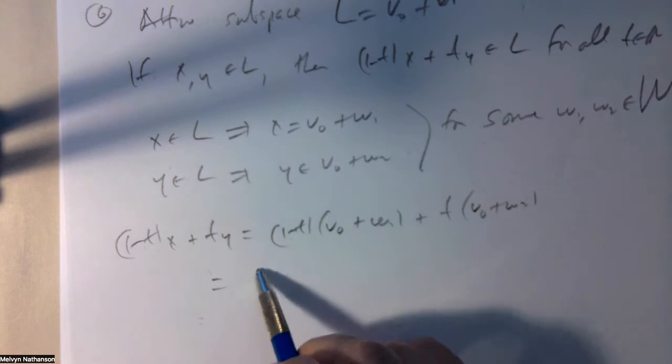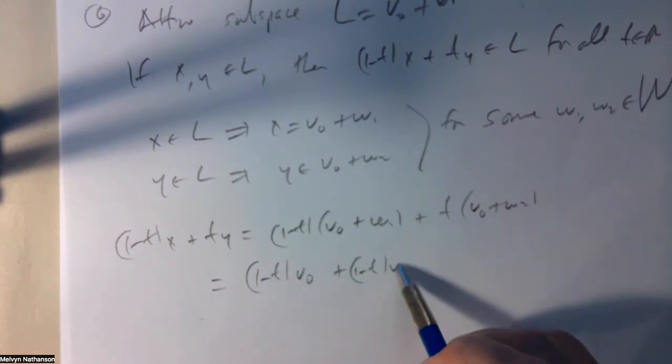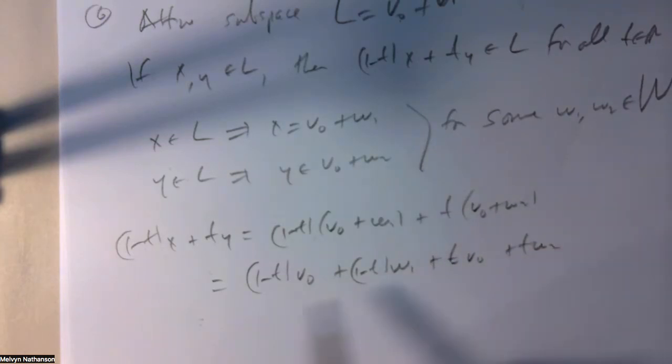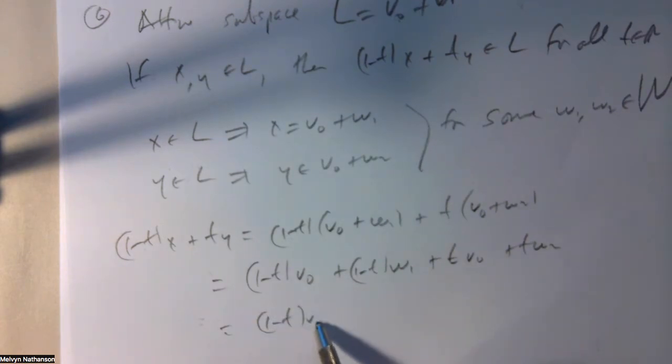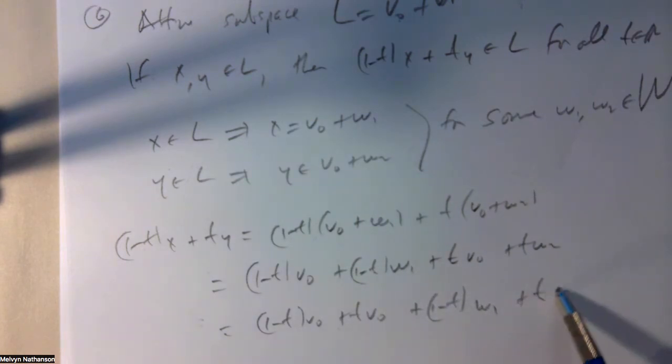If I just distribute across, that's (1 minus t)V naught plus (1 minus t)w1 plus tV naught plus tw2. Let me just rearrange this. This is (1 minus t)V naught plus tV naught plus (1 minus t)w1 plus tw2.